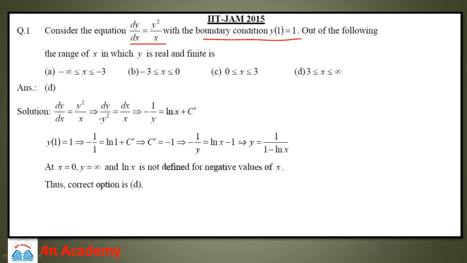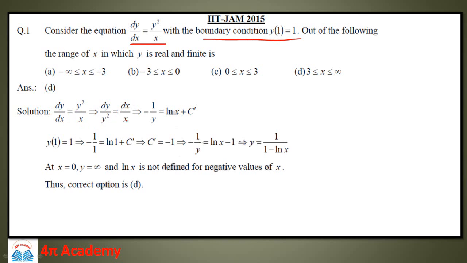Let us separate the variables. By the variable separable method, let us take y on the left hand side and x on the right hand side. So we get dy by y square is equal to dx by x.